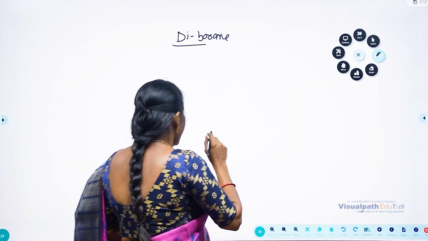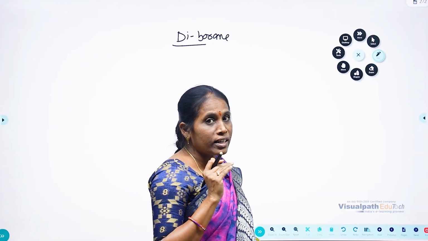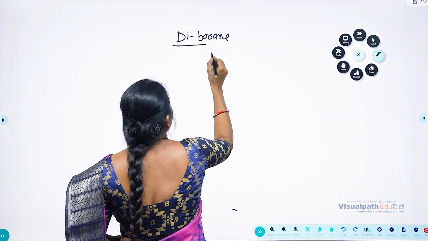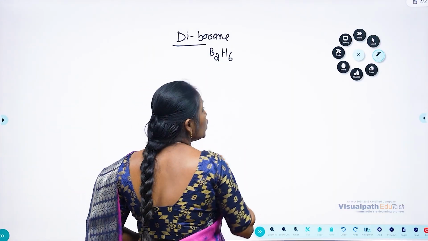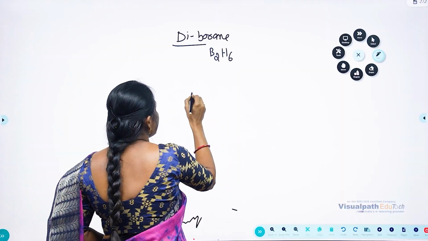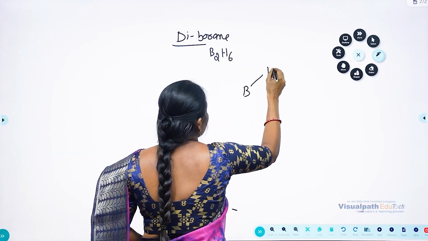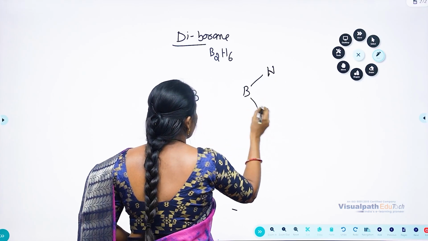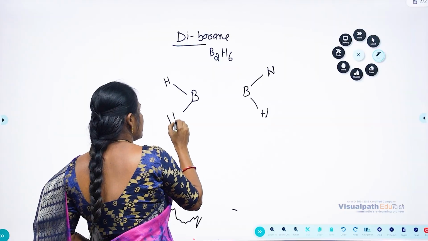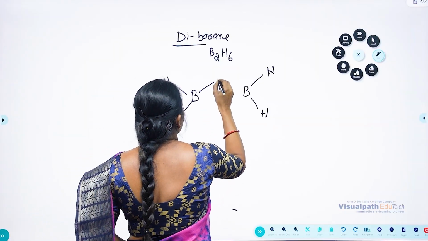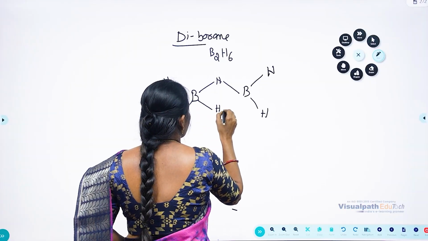Now we see the structure of diborane. It is very important. The formula is B2H6, so there are 2 boron atoms. Each boron is attached to 2 hydrogens, and the remaining 2 hydrogens are here.